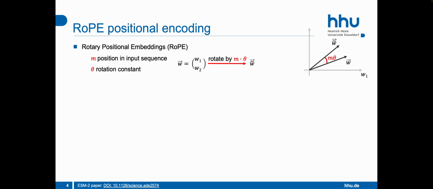Intuitively, this means that the model learns to understand the order of tokens by how much their embeddings have been rotated, instead of relying on added positional information. And tokens that are close to each other in the linear sequence will be rotated by a similar degree, which indicates to the model that these two tokens are close to each other.